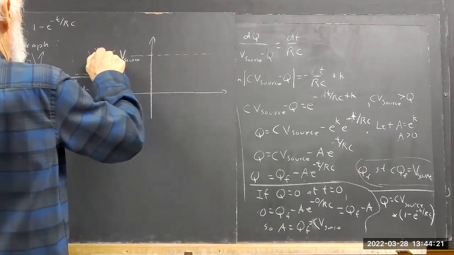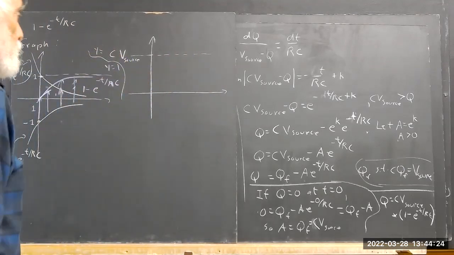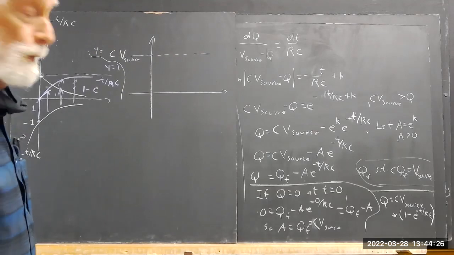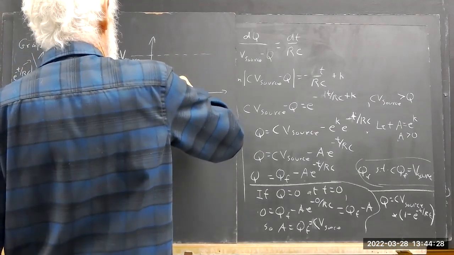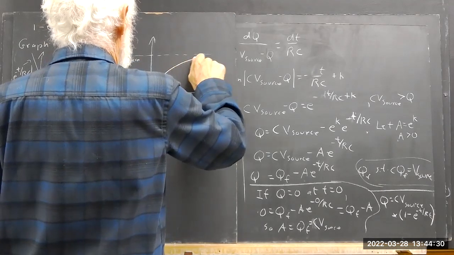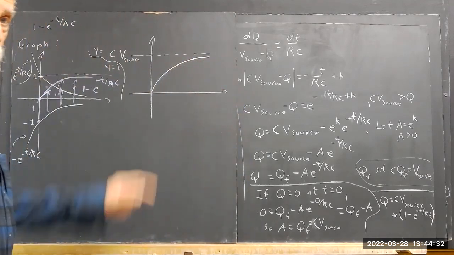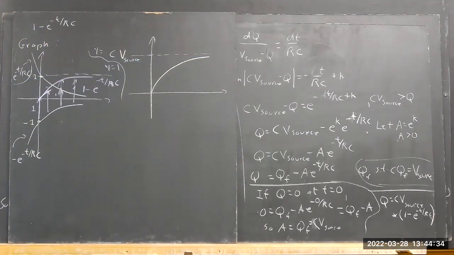Okay, if this is where y equals C times V source, then your curve is going to look like this. It's going to be an exponential approach to that horizontal line.